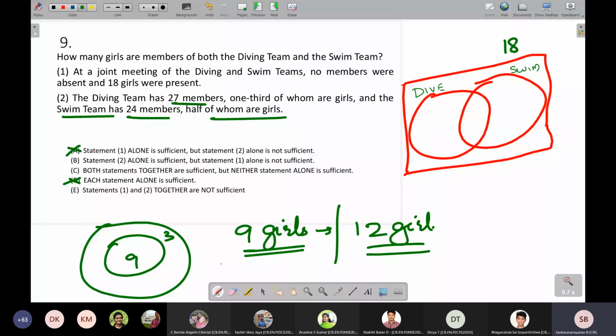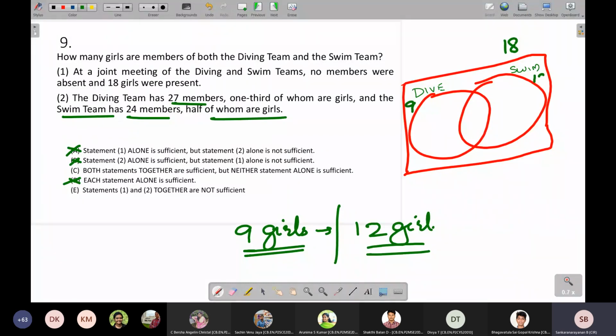So I'm sure that statement 2 alone is also not sufficient to answer the question. Now, when you combine 1 and 2 together, I can see that 9 girls belong to diving, 12 girls belong to swimming. Now, 18 girls are there in total. That input I get from statement 1 alone.